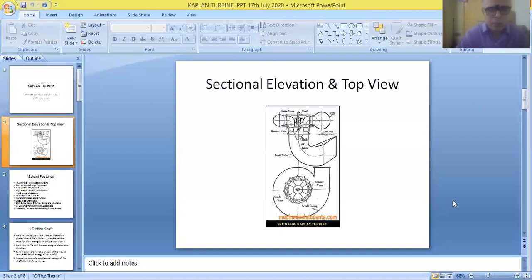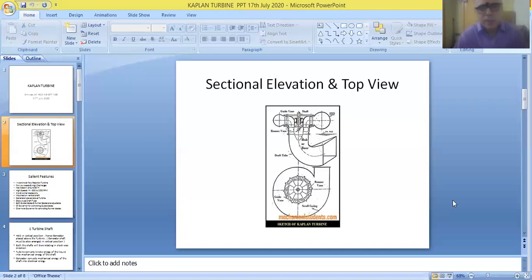Similarly, when the load on the turbine decreases, it requires less quantity of water. So we have to supply less quantity of water. So therefore, automatically the guide blades will be coming to closed position for supplying less quantity of water into the runner.